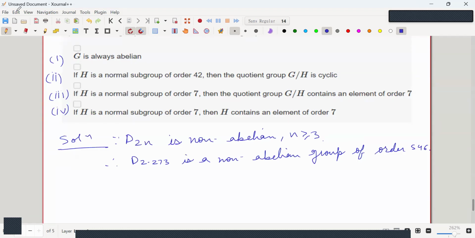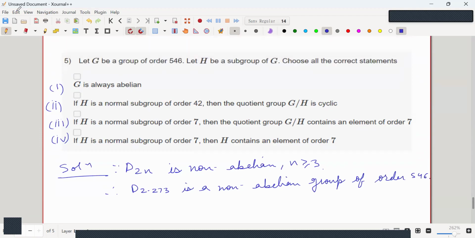So for every even order greater than 4, there exists a non-abelian group of that order, right? Sir, can you repeat this statement? So I want to say that for every even order, when the order is greater than or equal to 6, there exists a non-abelian group of that order.